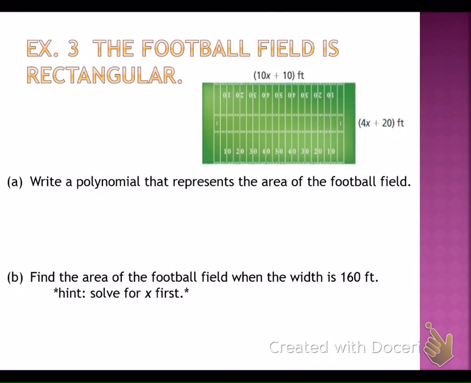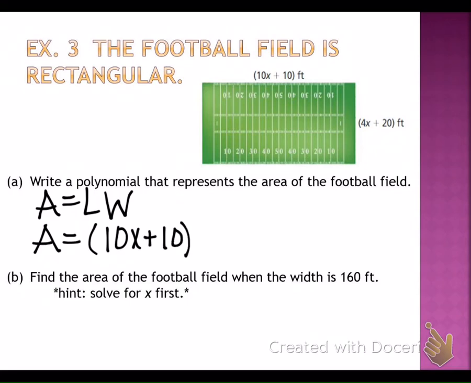Example number 3. It says the football field is rectangular. Now go back to 7th grade and tell me, how do you find the area of a rectangle? Length times width. So letter A says write a polynomial that represents the area of the football field. So area equals, what is the length of this football field? 10x plus 10.